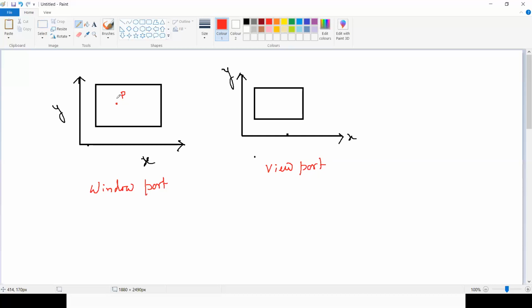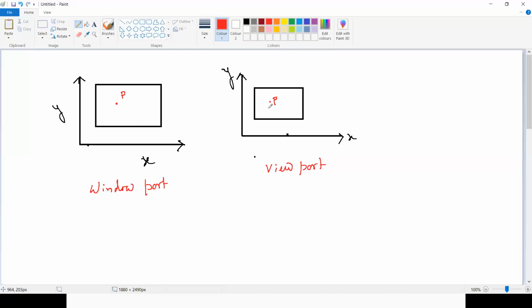So consider there is a point P which belongs to the window port and we want to display the same point P in the viewport. Now while we project the point P from this window port to the viewport, the location of the point P with respect to x-axis and with respect to y-axis will not change.